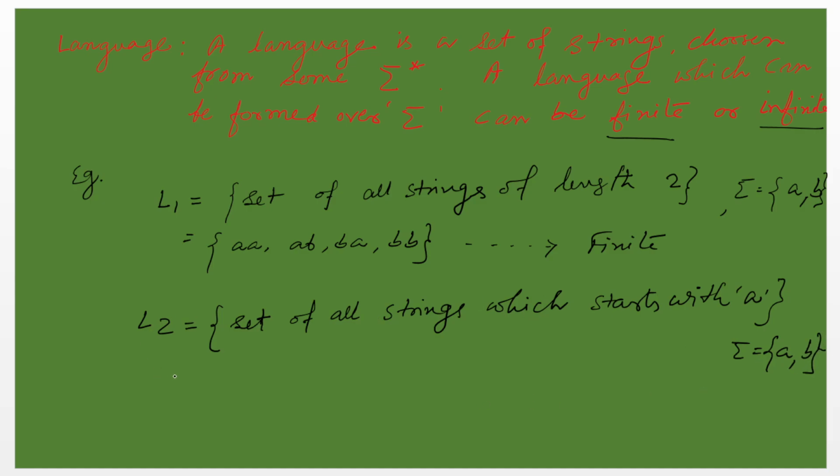So any strings that are possible, all strings which start with a, can be infinite. For example, we can write strings like ab, abba, ba, etc. So obviously it is infinite.